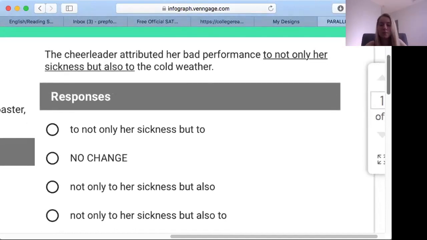Let's try this one. I'll relaunch the poll for this. So remember, this is that not only but also structure. So keep that in mind.